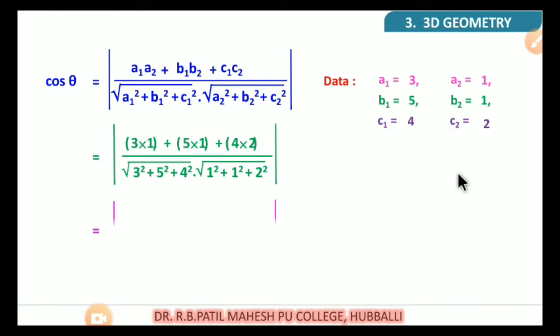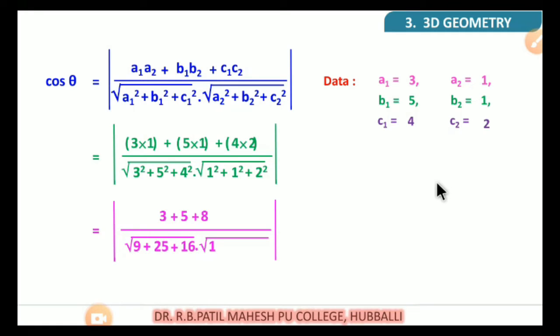Now in the next step it becomes 3 plus 5 plus 8 whole divided by square root of 9 plus 25 plus 16 into square root of 1 plus 1 plus 4. So after evaluating the values, the numerator becomes 16 divided by square root of 6 into square root of 50.